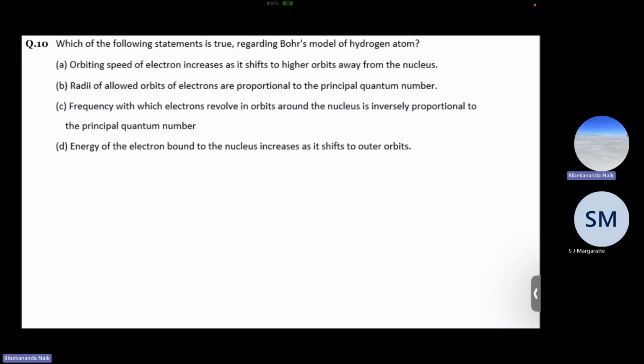So the question says which of the following statements is true. Now let's analyze the first statement. It says orbiting speed of electron increases as it shifts to higher orbits away from the nucleus. Now what is the expression for V? V is Z square by 2 epsilon 0 nh.